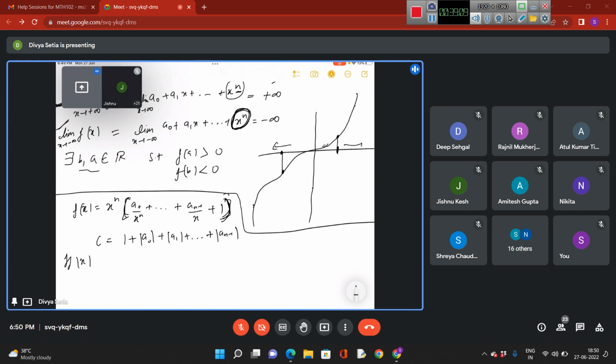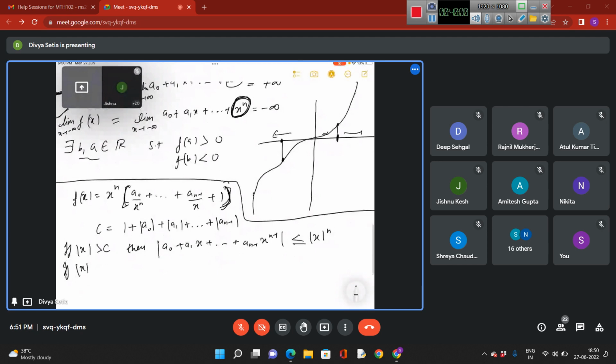So if mod of x is greater than c, then this value, mod of a0 plus a1x plus ... plus a(n-1)x^(n-1), will be less than or equal to mod of x^n.